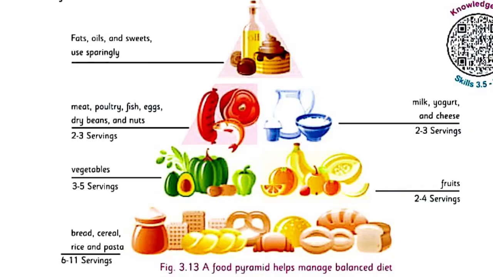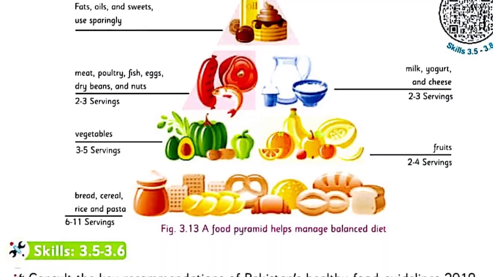Milk, yogurt, and cheese, 2 to 3 servings. Vegetables, 3 to 5 servings. Fruits, 2 to 4 servings. Bread, cereal, rice, and pasta, 6 to 11 servings.